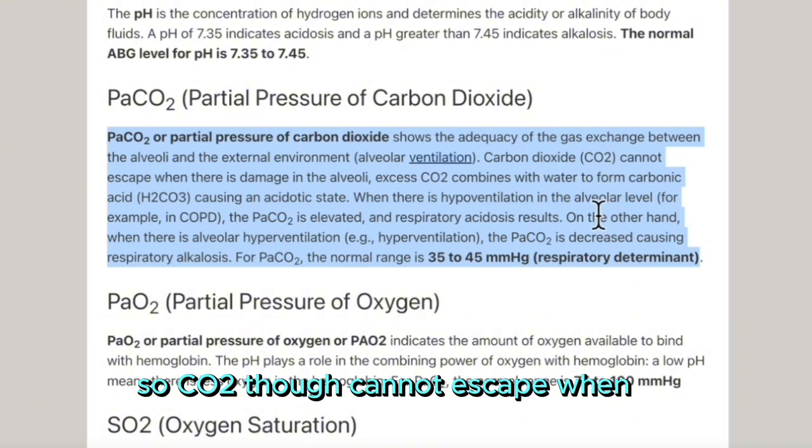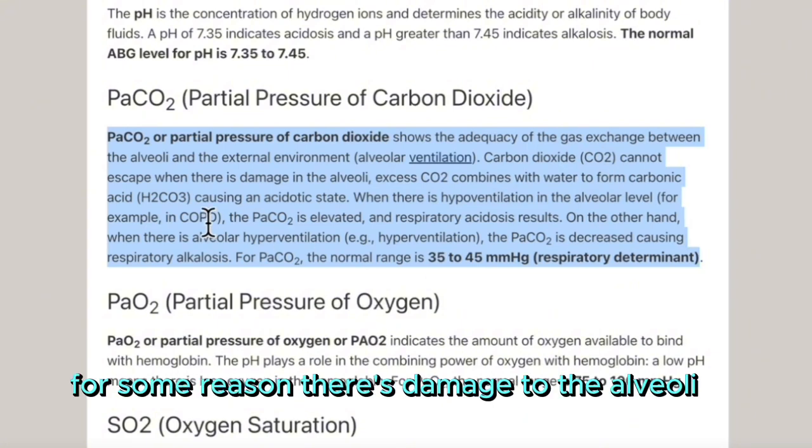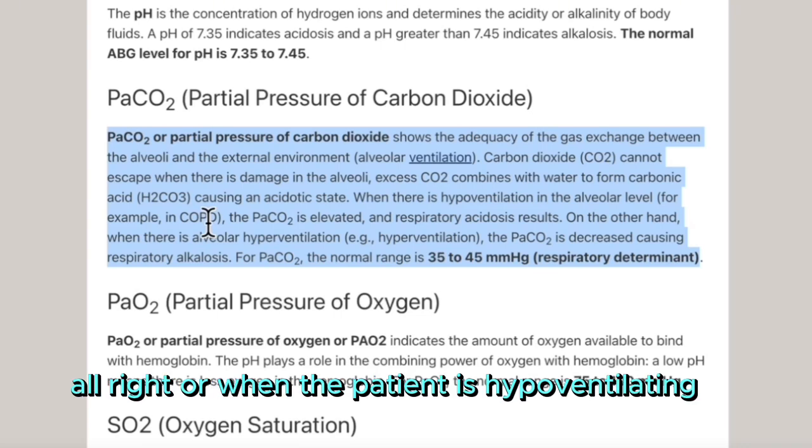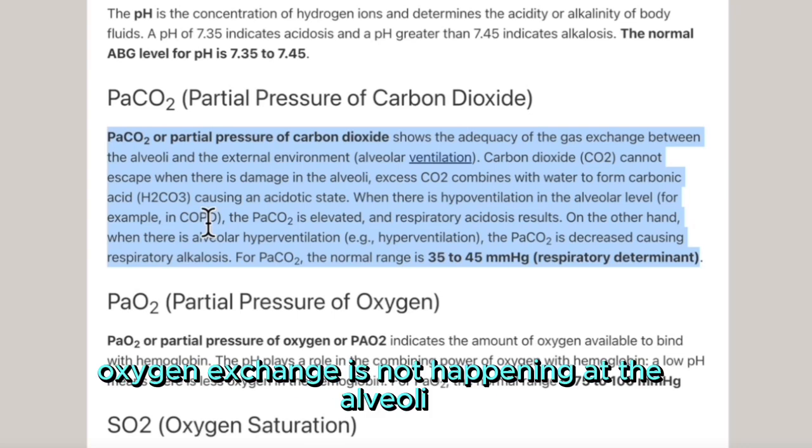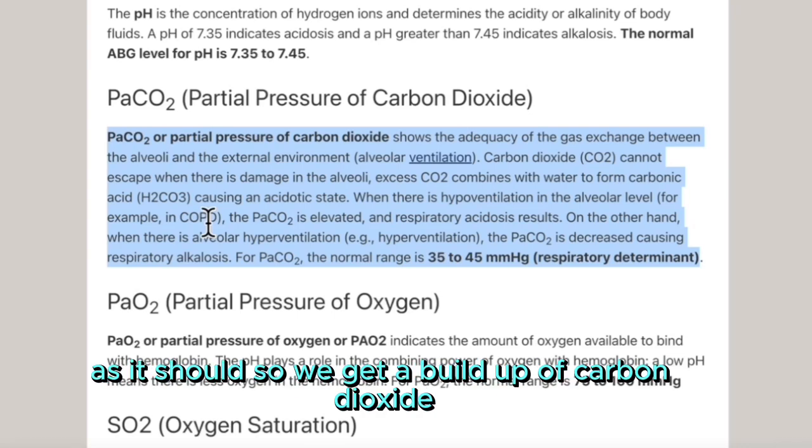CO2 cannot escape when, for some reason, there's damage to the alveoli, or when the patient is hypoventilating. So the patient doesn't breathe well enough, and for some reason oxygen exchange is not happening at the alveoli as it should.